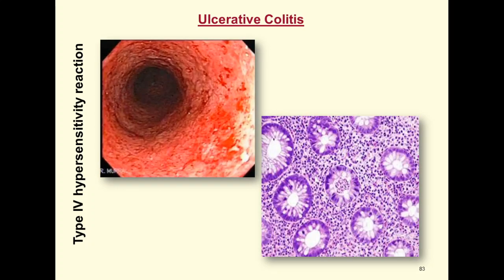And in ulcerative colitis, as you see, the whole wall of the colon is affected without any non-affected area, and significant inflammation with a lot of plasma cells and eosinophils and formation of so-called crypt abscesses. Also a microscopical feature for ulcerative colitis: plasma cells and crypt abscesses. For Crohn's disease, presence of granulomas.